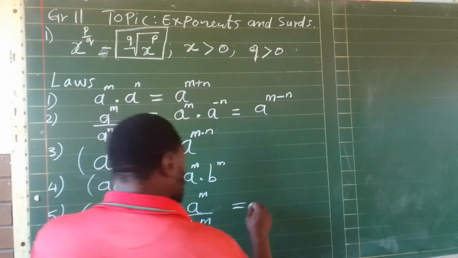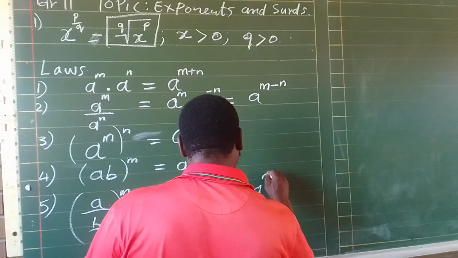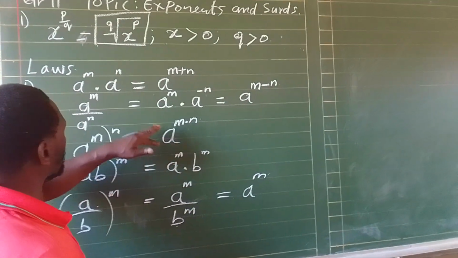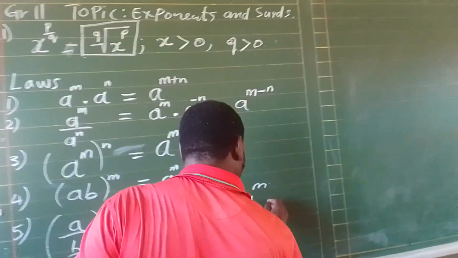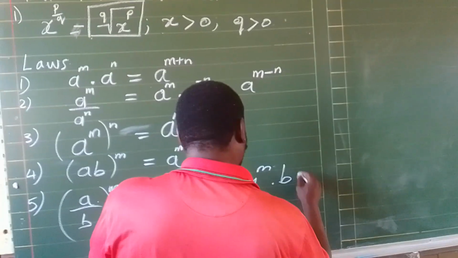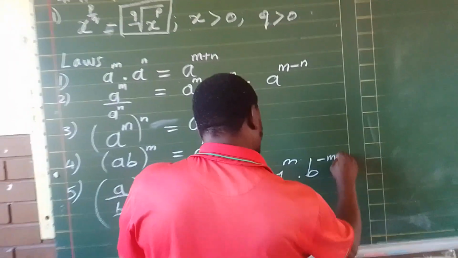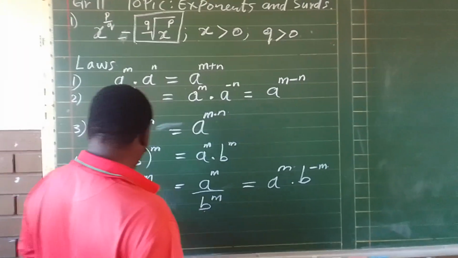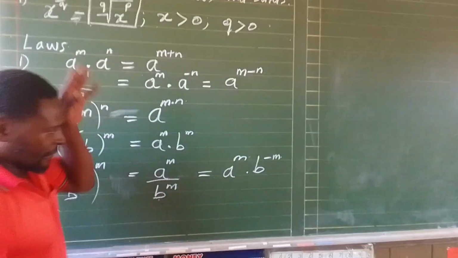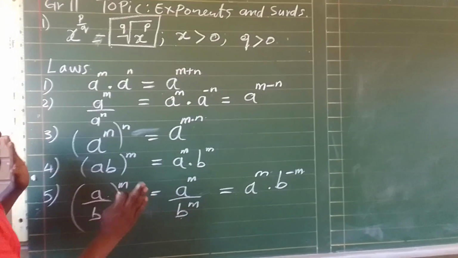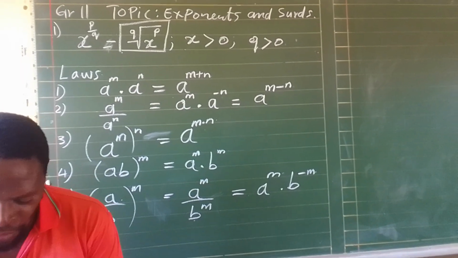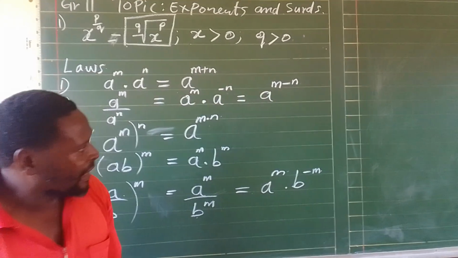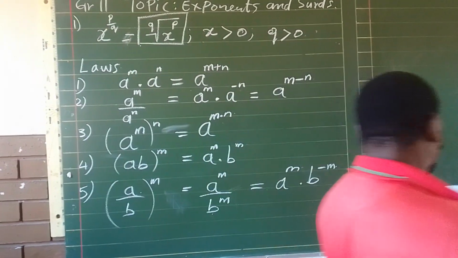Now you take a to the power m, which is the same as law number 2, multiplied by b to the power minus m. Now these laws, you must practice them. Most of you have got them from your textbooks. Go and practice them.